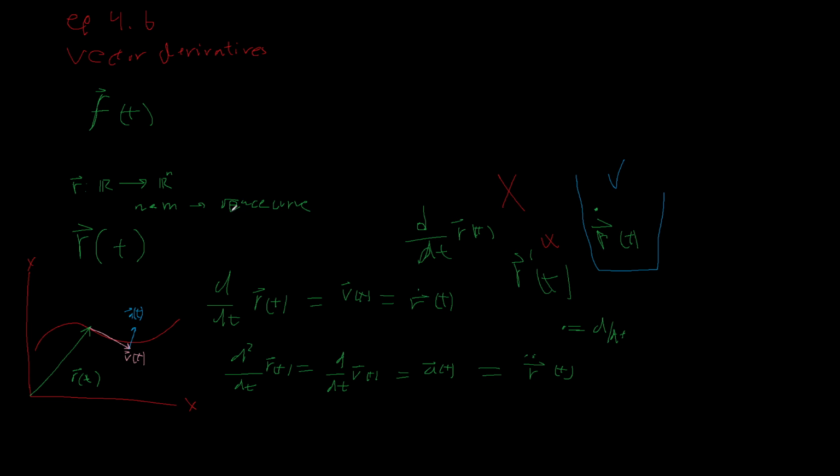We still have to consider things. If momentum is equal to m times v, the velocity vector, or actually m times r dot, and we take the derivative d over dt of this, it's going to be dm over dt times r dot plus m times r double dot.